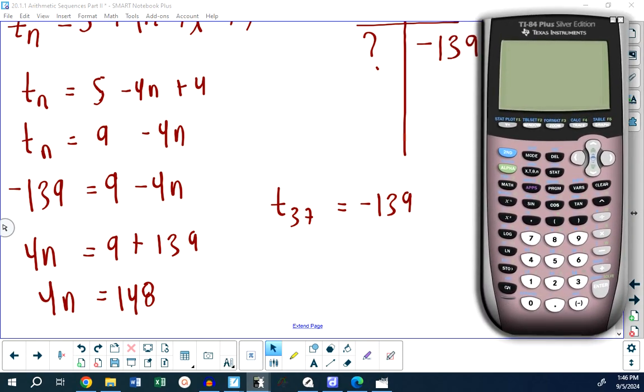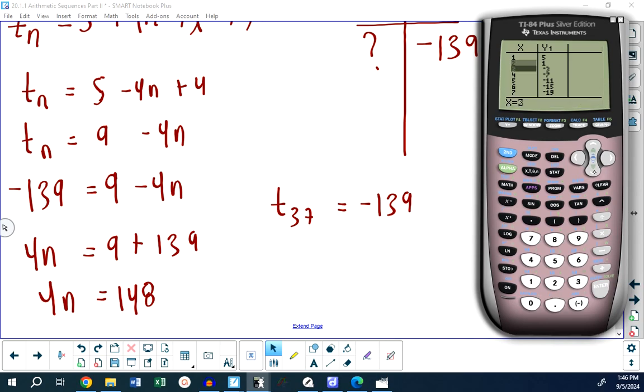But if you just look up here, I could go 9 minus 4n. Well, that's what Tn is. I could start at 1 and go up by 1, and then I could go table hopping to find negative 139, right?